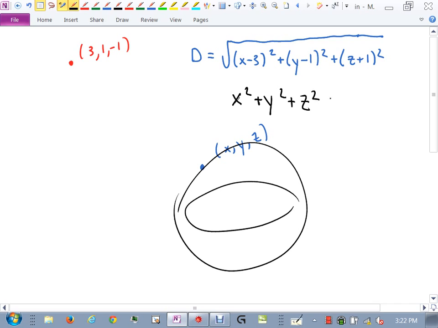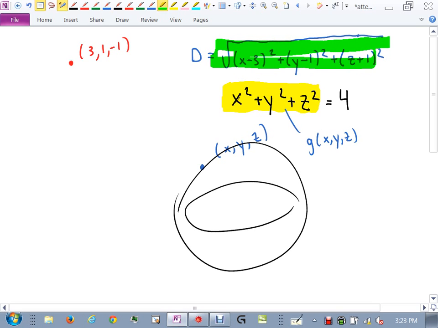Okay. That's your constraint, your g of x, y, z. And then up there, that ugly thing, all of it, is your objective function. That's your f of x, y, z.